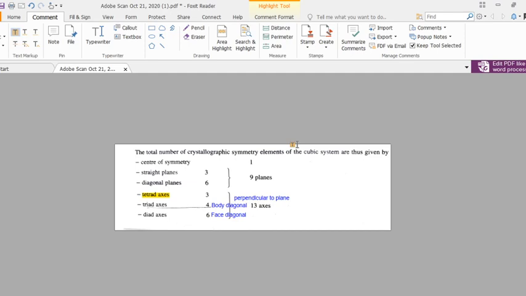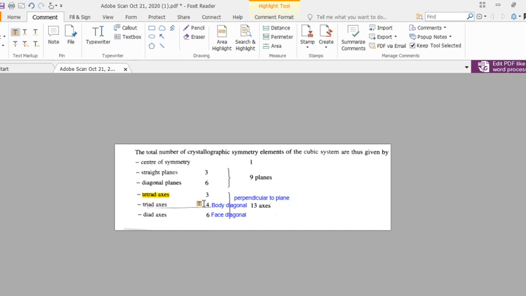So if I make a list, then 1 is a center of symmetry, then I have 9 plane symmetries. What are those? 3 straight planes which are cutting the axes individually, and 6 diagonal planes. So in total, 9 mirror plane symmetries.